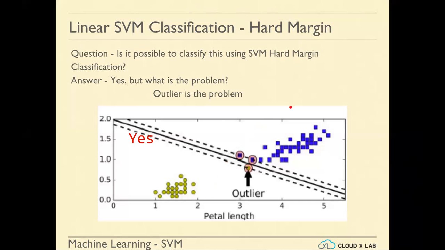So because of hard margin classification, where we have the hard requirement that all of the data points must be on the same side, we ended up with a very narrow margin. So you can see that the trade-off here is between two things: keeping all the instances on the same side and the size of the margin.